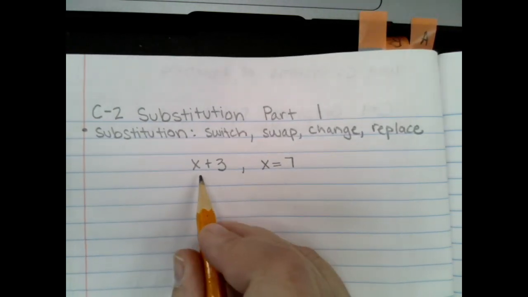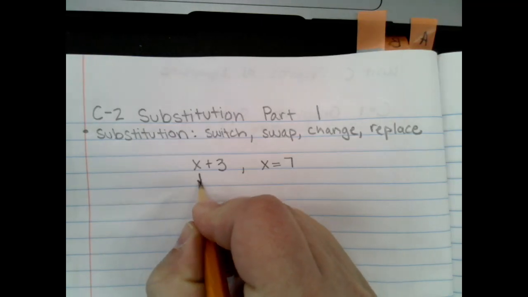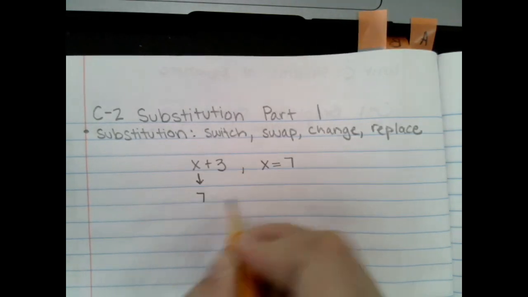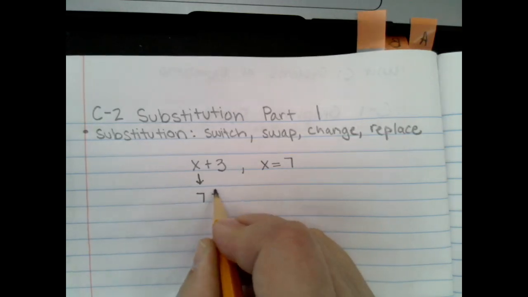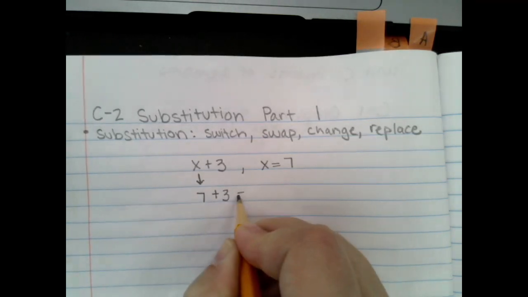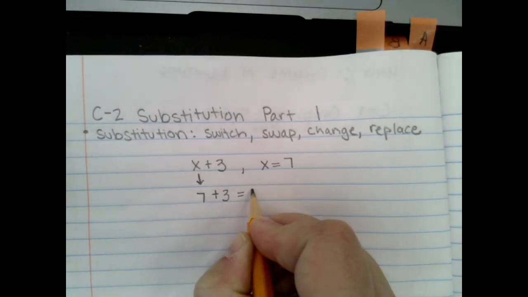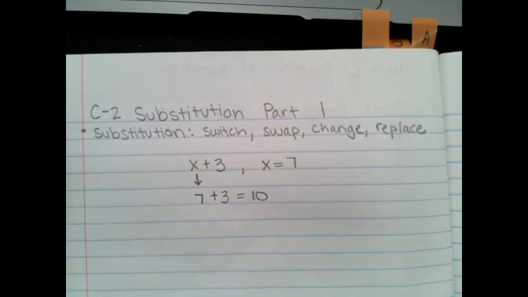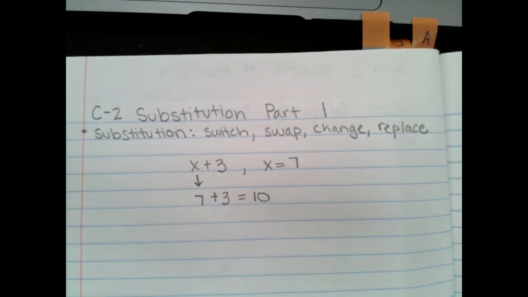What would I replace x with? 7. Why? Good, it says x is 7. So 7 plus 3 is now how much? 10. So we're just switching out numbers for their amounts.